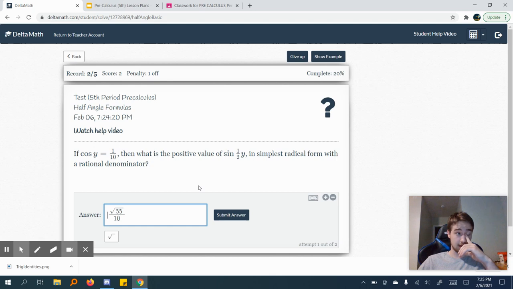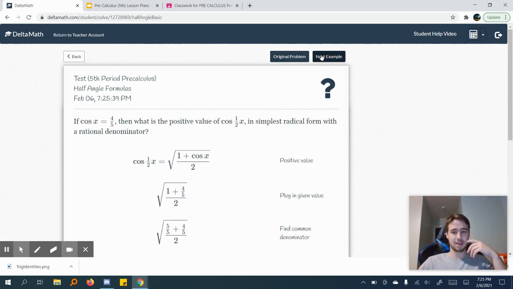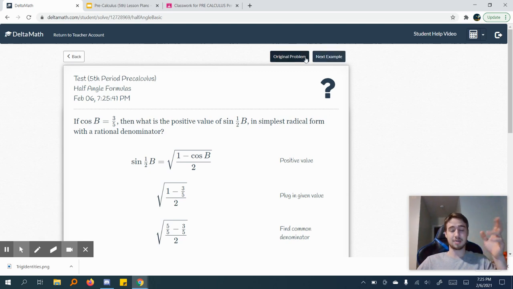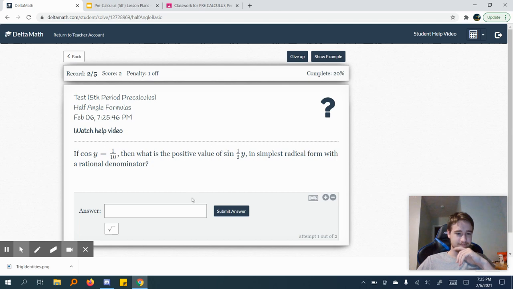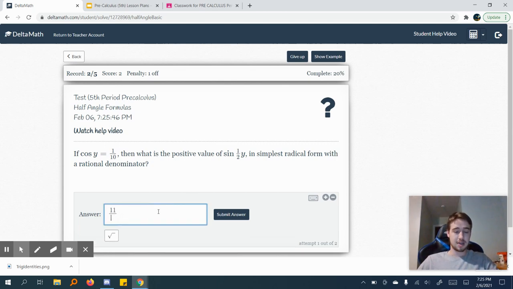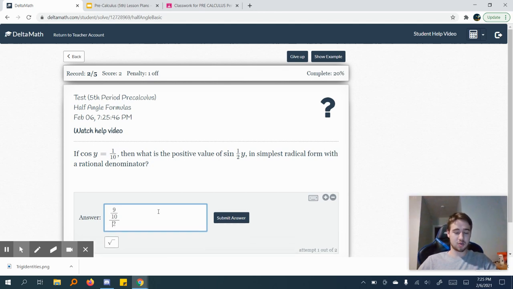And I gave the correct answer as if we were doing cosine of 1/2 of y. This shows that I need to read the problems a little more carefully. It's asking for sine of 1/2 y. So that formula is going to be subtracting the cosine instead of adding it. So that's actually, instead of being 11 over 10, it'll be 9 over 10 all over 2, and then square root that.